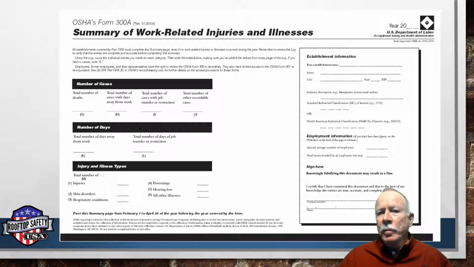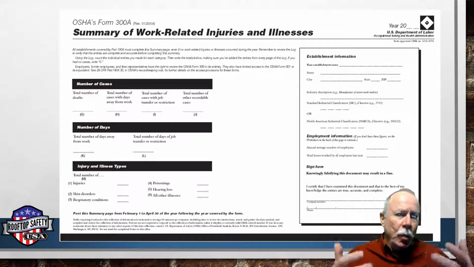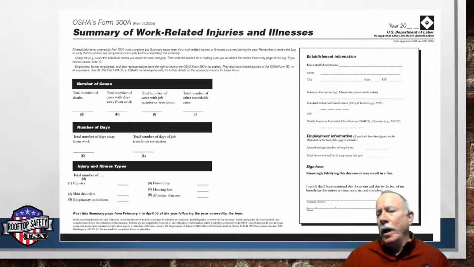And this form gets reviewed and signed by a company executive and then posted by February 1st each year. It needs to be posted where you keep your other work-related required postings, your workers' comp postings and things like that, in a conspicuous place in the workplace.